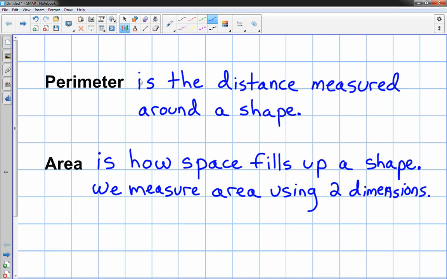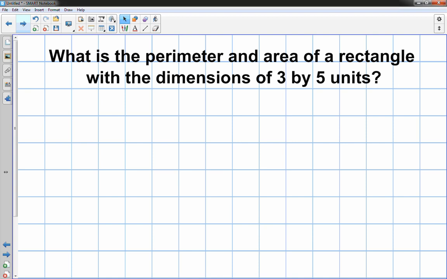We'll do a couple examples here inside our little notebook. So what is the perimeter and area of a rectangle with the dimensions of 3 by 5 units? So we're actually going to draw this inside our little notebook. One side's going to be 3.